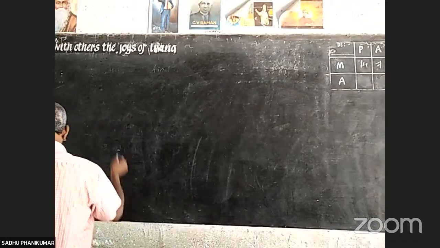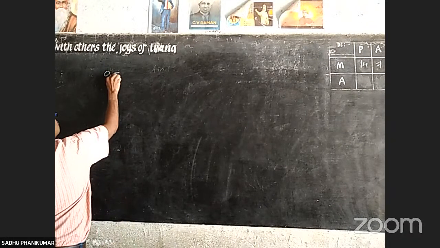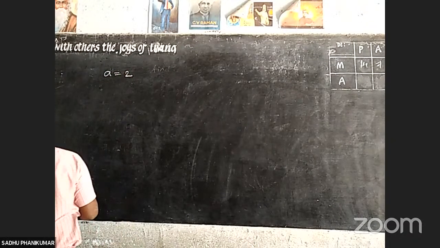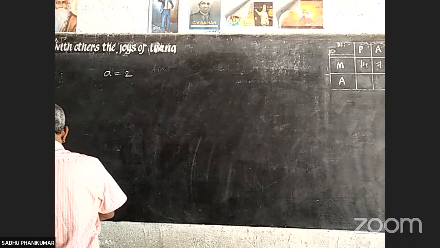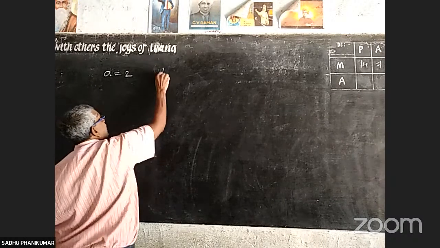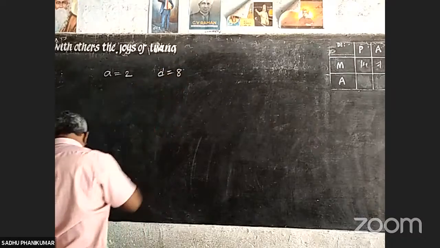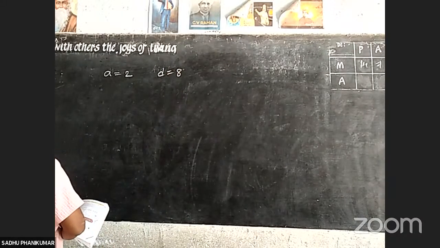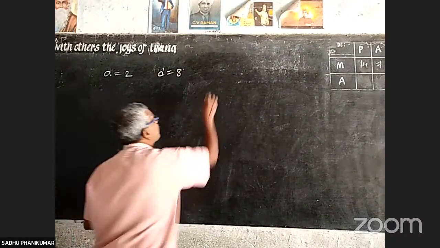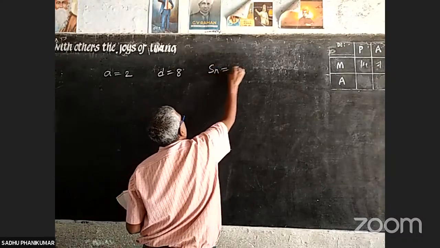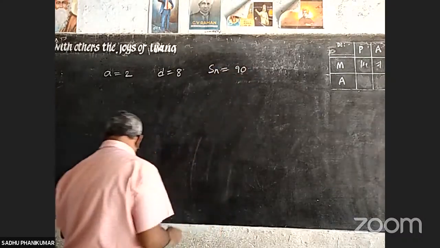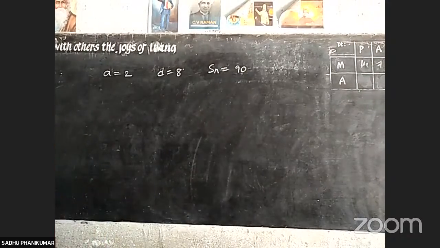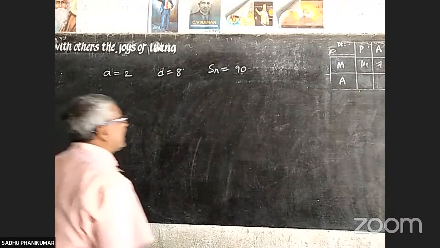If a is equal to 2 and d is equal to 8, and Sn is equal to 90. Find n and an.